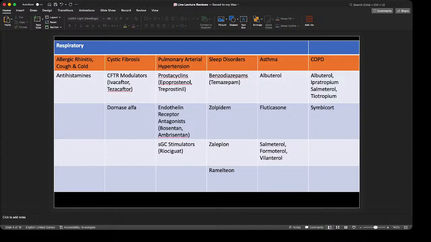Then you have sleep disorders: temazepam, zolpidem, zaleplon, ramelteon.